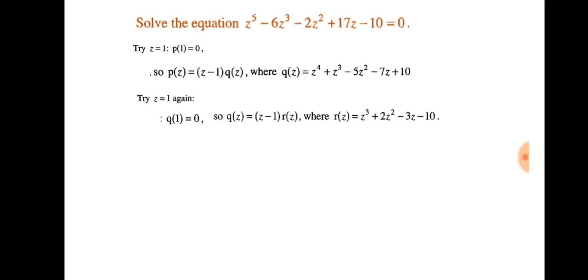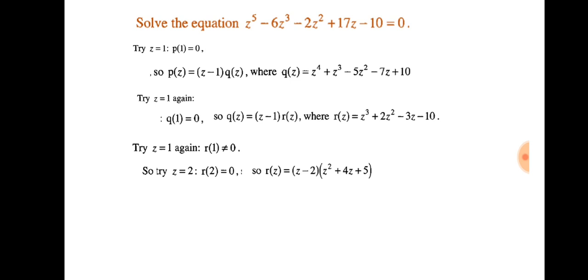So we can write q of z as z minus 1 times r of z, where r of z is equal to z power 3 plus 2z square minus 3z minus 10. Now again, if we take z equal to 1, we get a non-zero value for r of 1. Now we try with z equal to 2 and r of 2 equals 0.